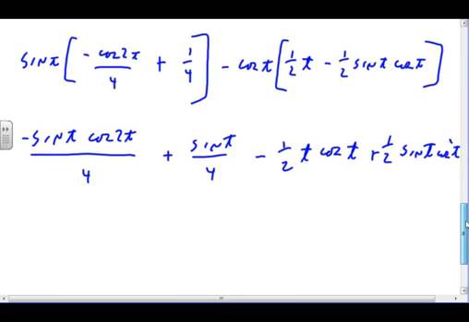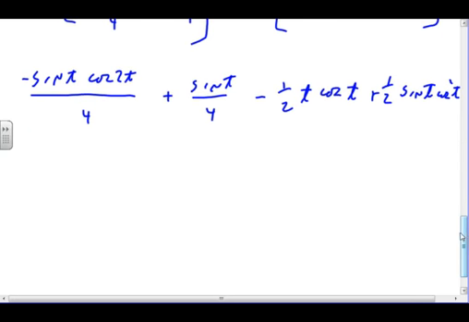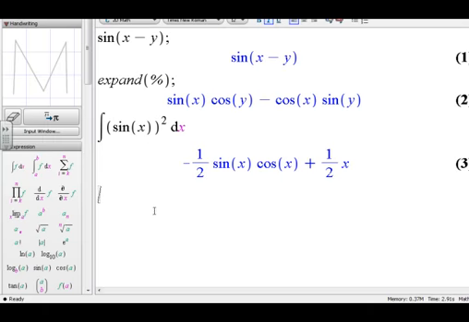Do 1/2 sine t minus t cosine t. Okay, cosine 2t. I need a trig identity for that. Cosine 2 times x, and there's going to be more than one of them.